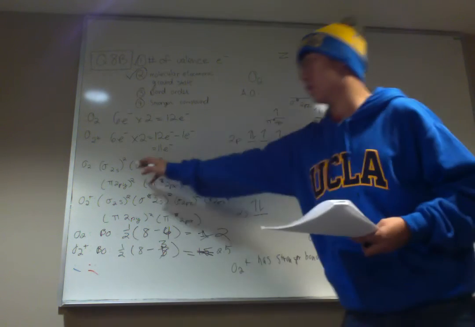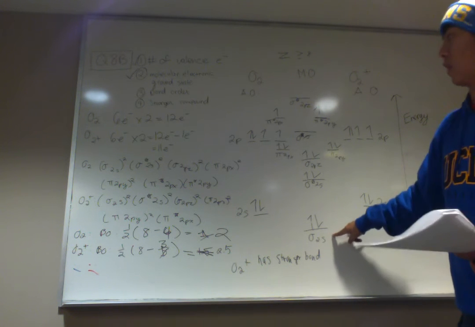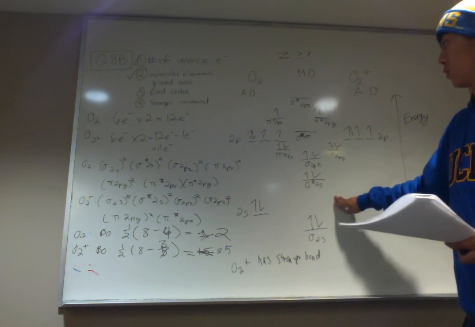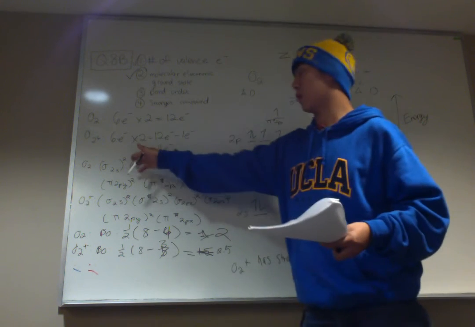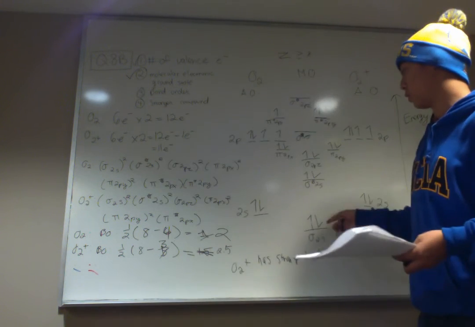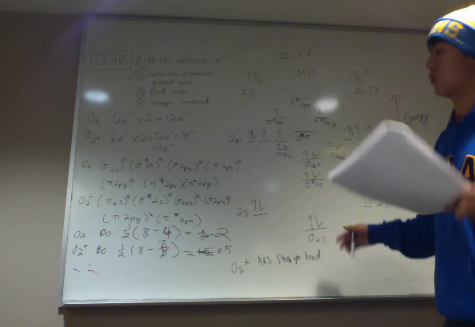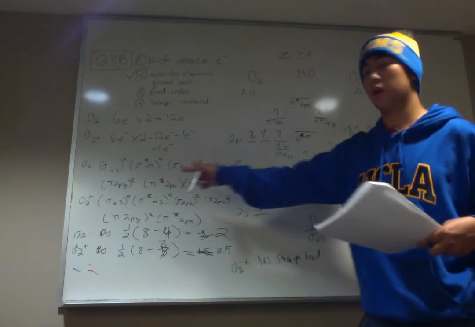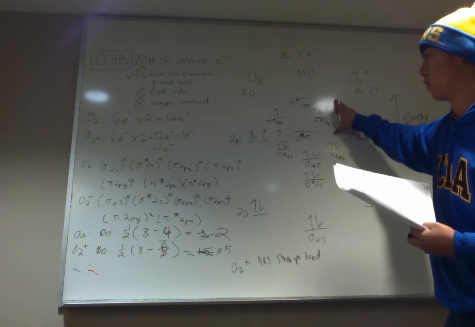You basically just denote it using the sigma and pi bonds, and don't forget to include the antibonds. The exponents represent how many electrons are in that shell. So for sigma 2s, there are 2 electrons, so that's squared. That corresponds to how your molecular orbital theory diagram will look.